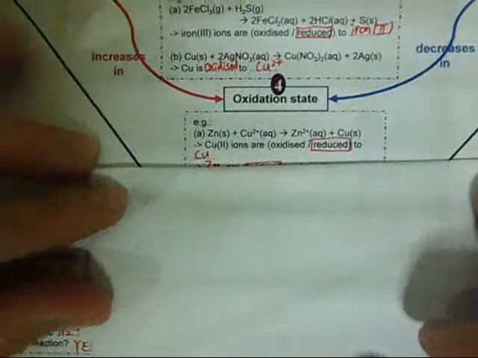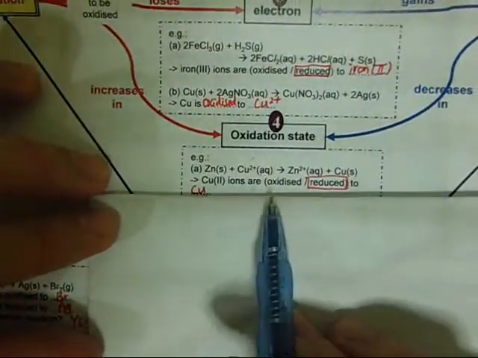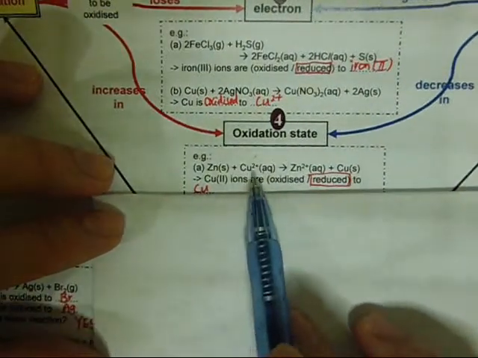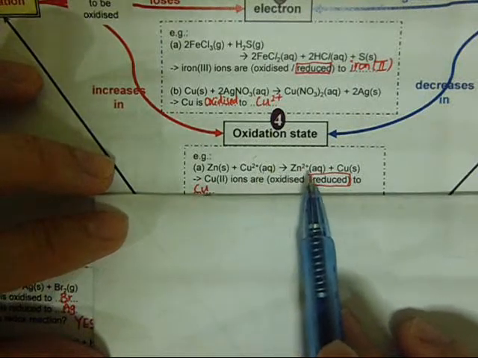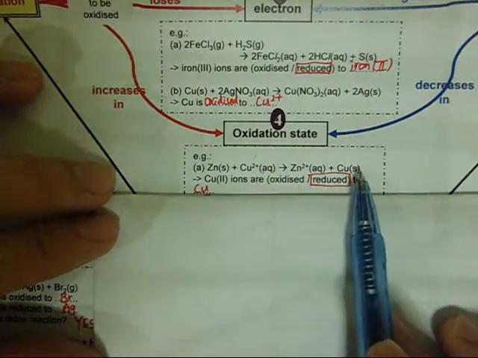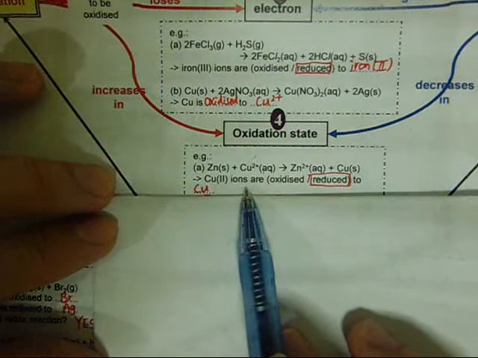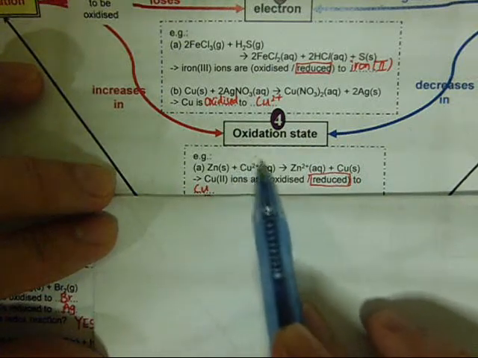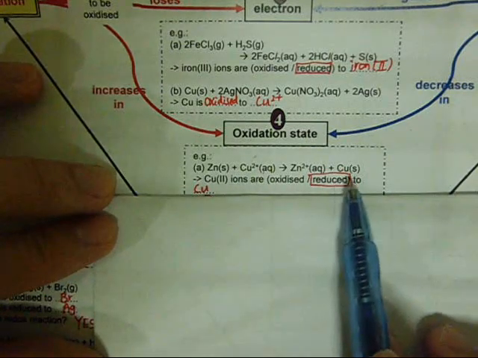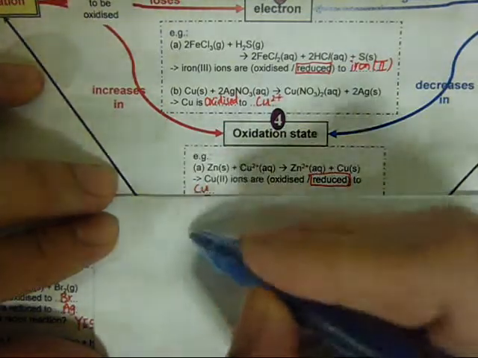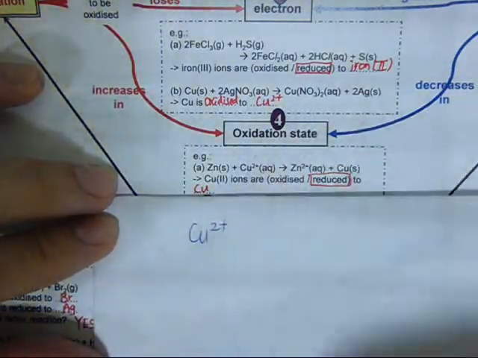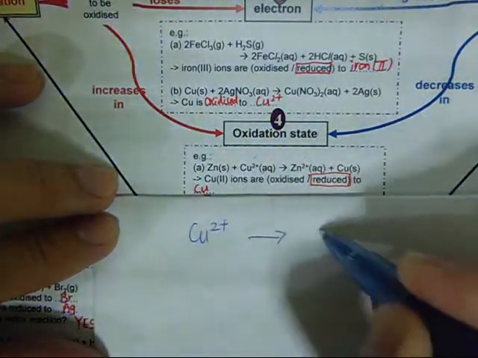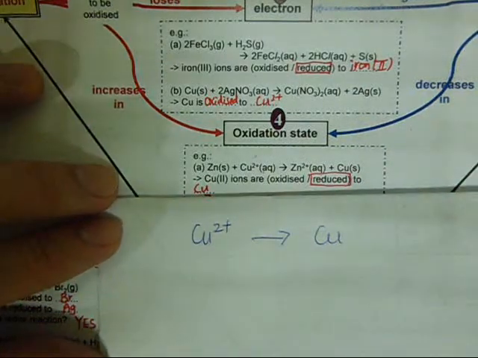Now over here, zinc, this is actually an ionic equation. Zinc plus copper 2 plus, you get zinc 2 plus plus copper. So copper 2 ions, which is Cu2 plus, are reduced to copper.